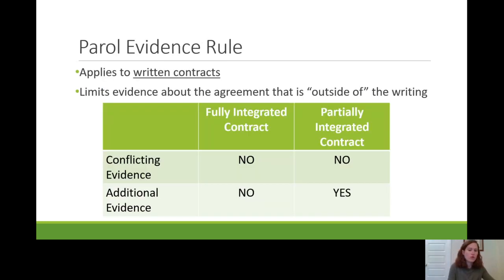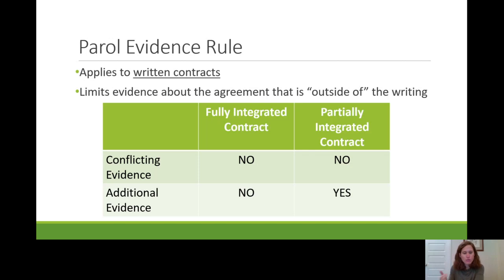Okay. The parole evidence rule. This is a rule that doesn't quite perfectly fit anywhere in contracts coverage, but I raise it because it does deal with situations when contracts may be in writing.